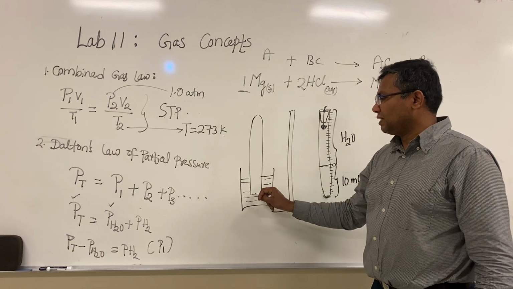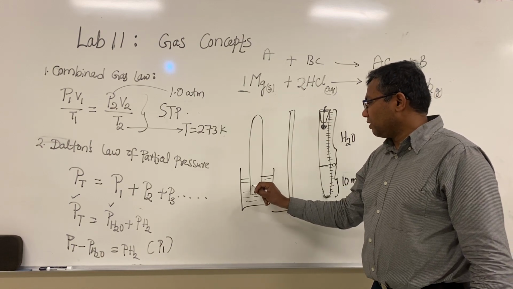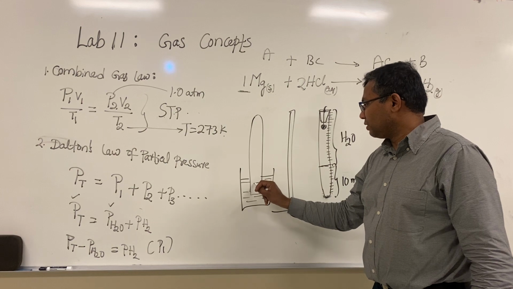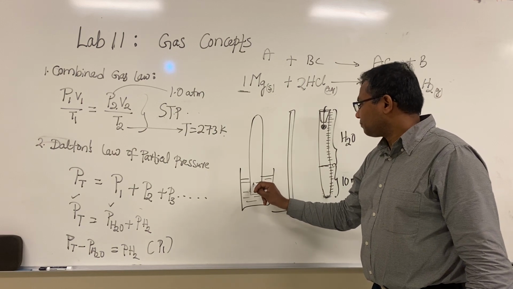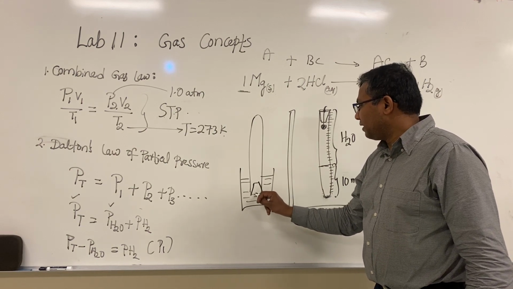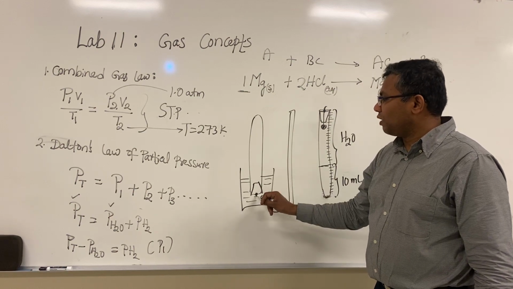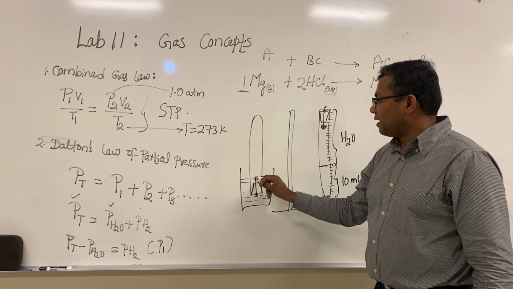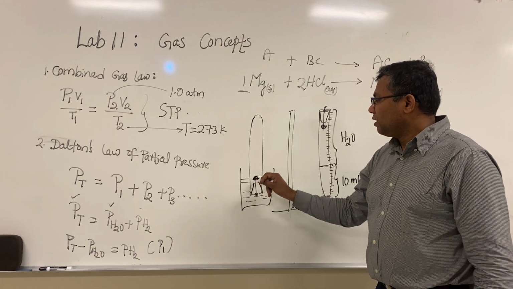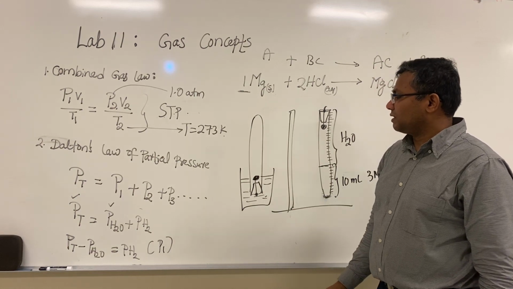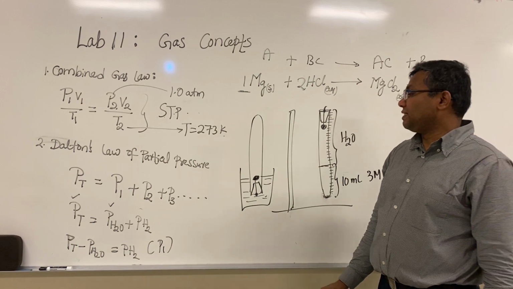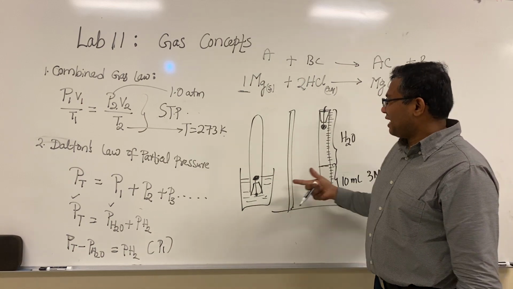It will look like this after you invert. There is an opening here, and don't release the opening until it is under the water. Then you have your copper wire, with magnesium at the tip.